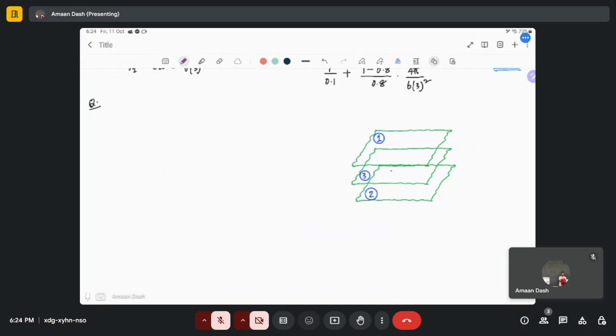So let's move on to the next question. So here we have a thin aluminum sheet. Okay, let me draw. Some aluminum sheet we have.